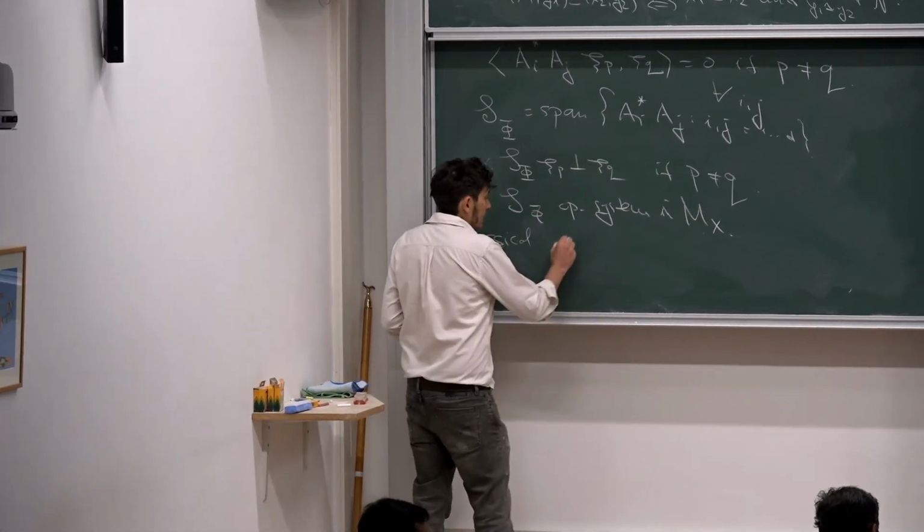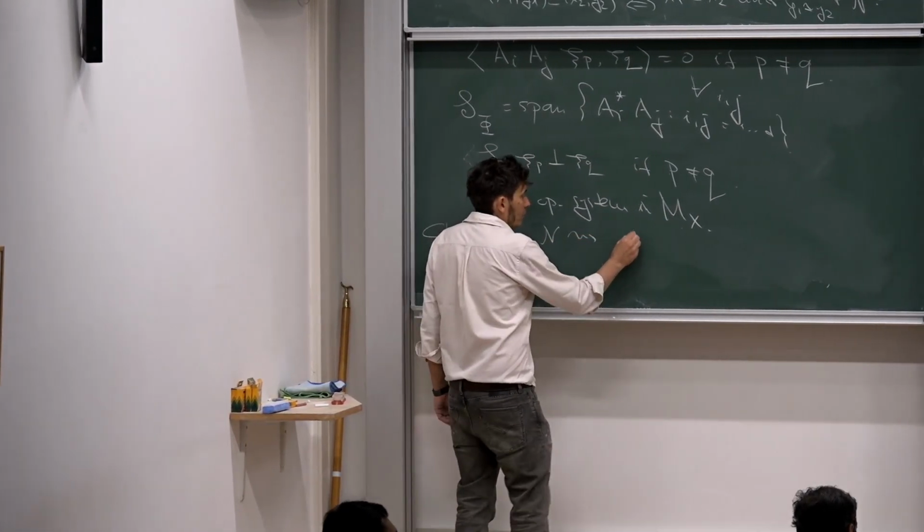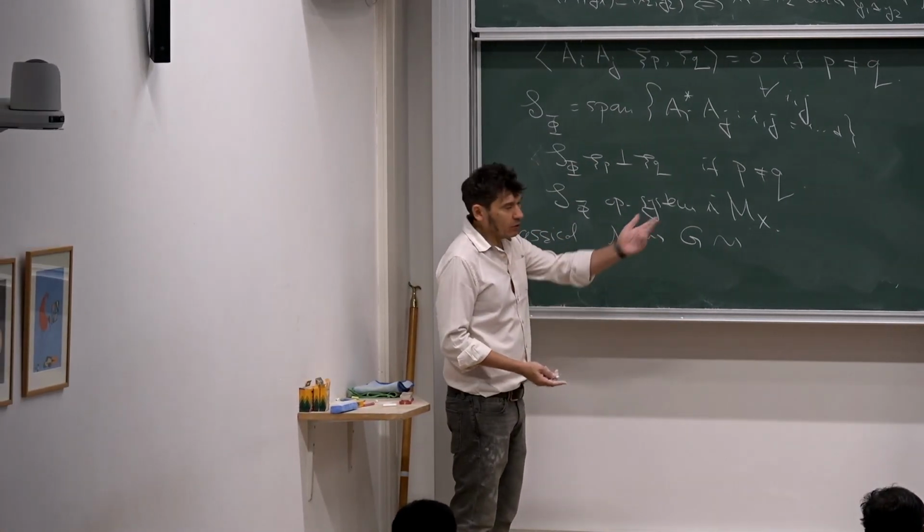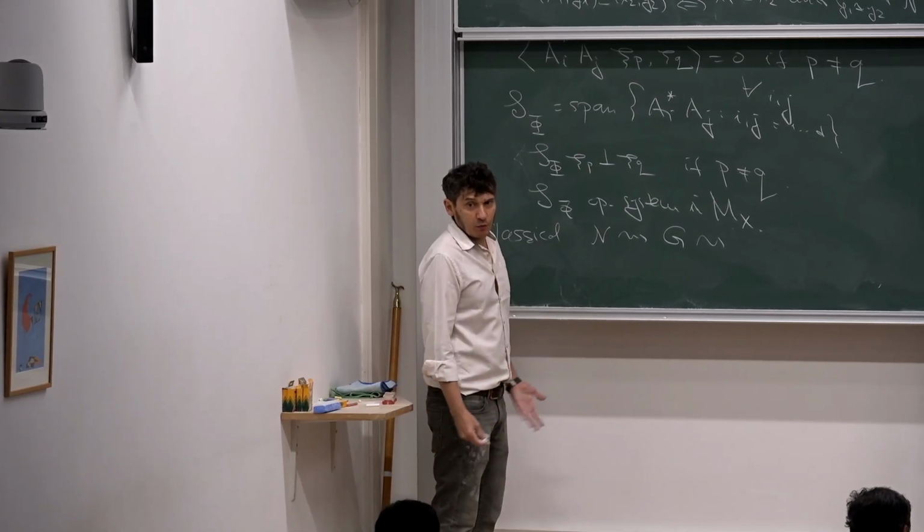So if you have a classical channel, you have a corresponding confusability graph. And if you represent your classical channel in some Kraus representation, you will arrive at some kind of operator system.